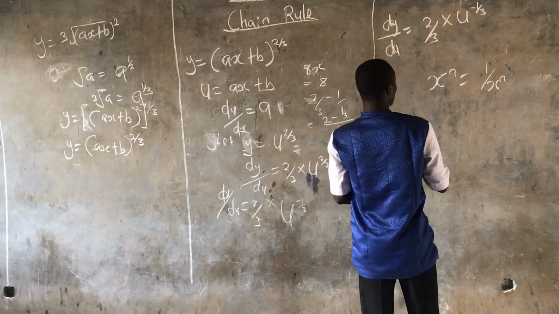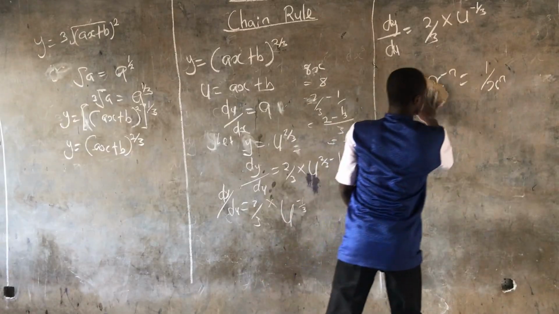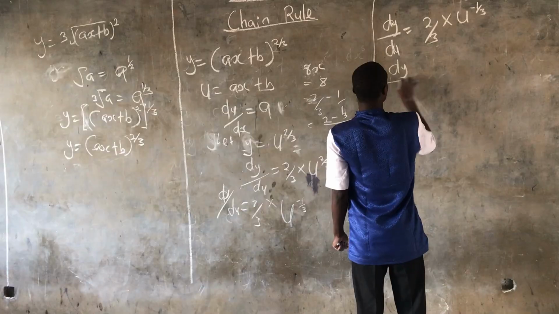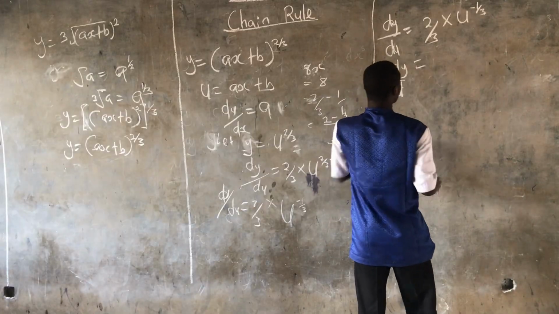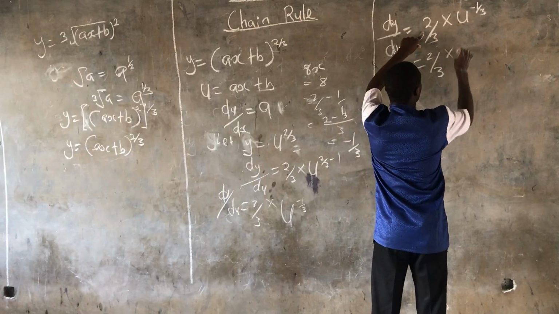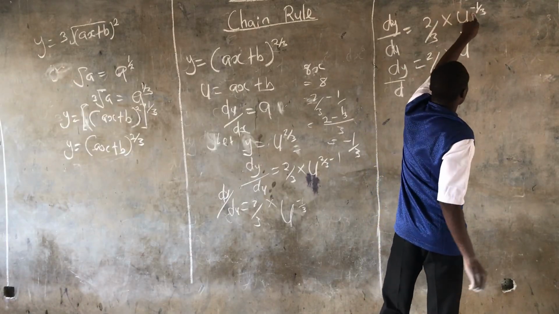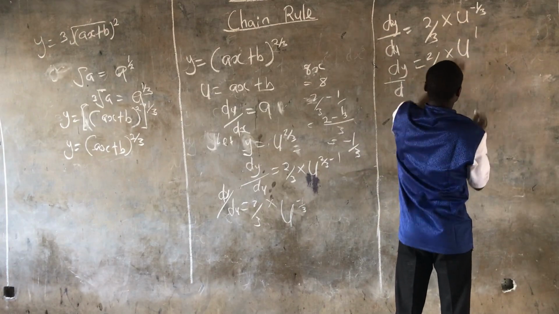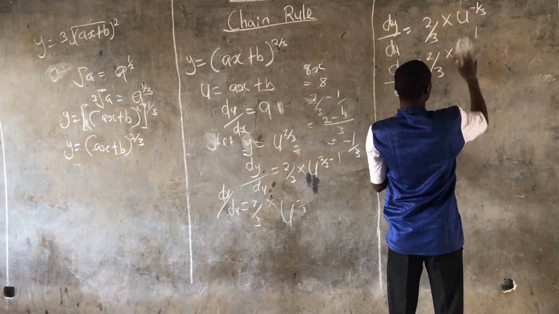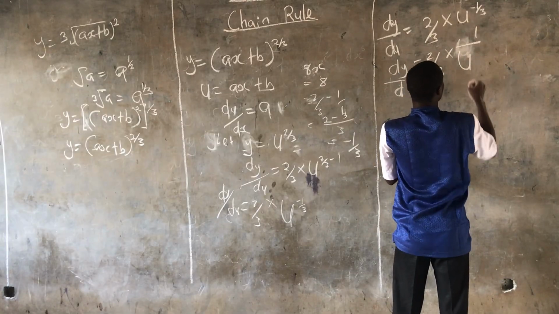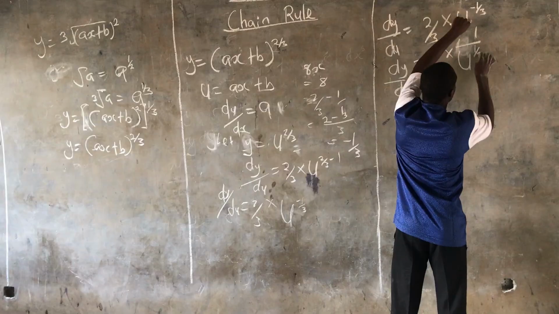So dy over du is equal to 2 over 3 times 1 over u raised to the power 1 over 3.